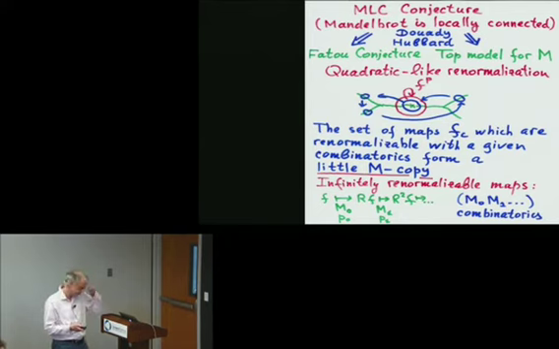This fractal set, which is so complicated, admits a precise topological model as long as it is locally connected. And this topological model would imply that there are no queer components, that the hyperbolic maps must be dense in the Mandelbrot set.